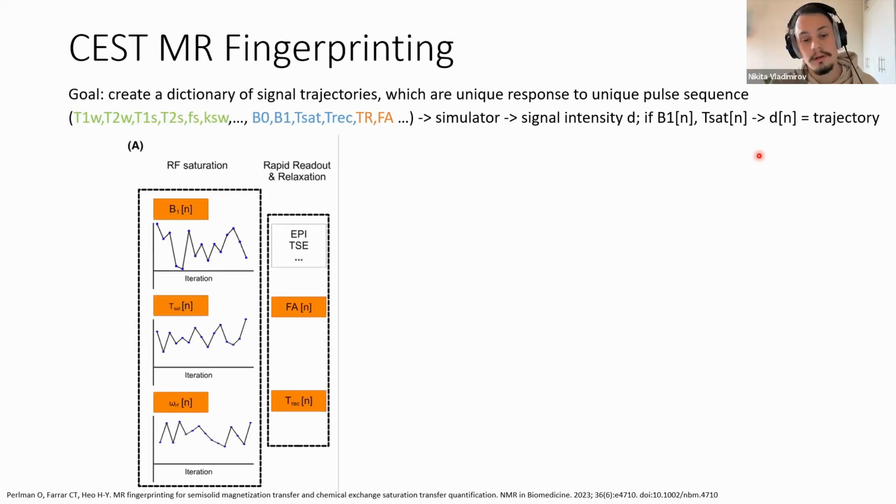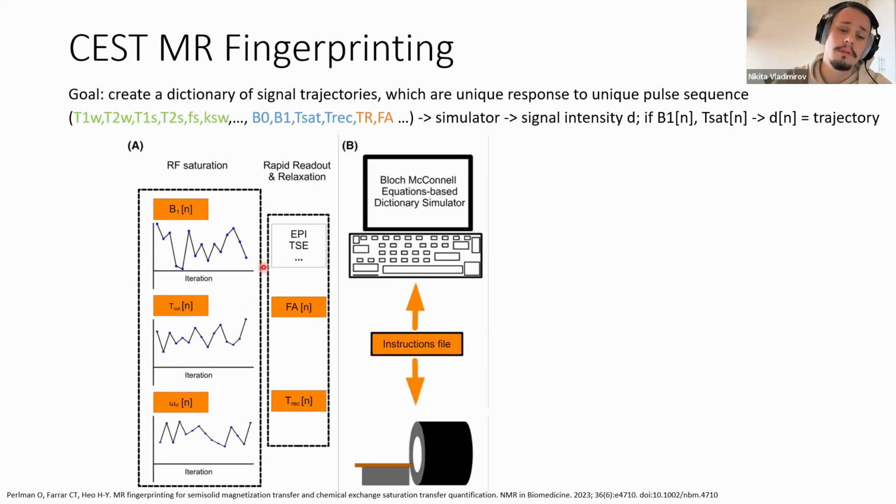and that is magnetic resonance fingerprinting. So in CEST MRF, usually people vary only parameters of the pulse sequence. Like here, we have a vector of B1, a vector of saturation time and frequency of saturation, and the readout usually is fixed.